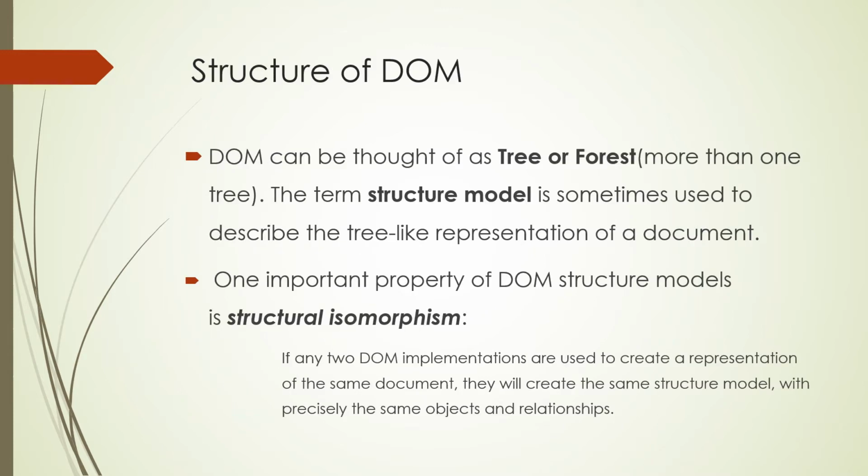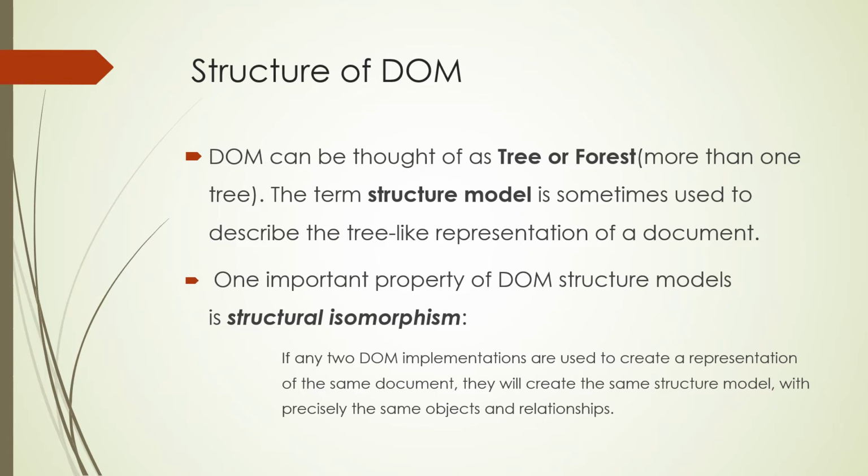Structure of the document object model. The document object model can be thought of as a tree or forest, more than one tree. The term structure model is sometimes used to describe the tree-like representation of a document. One important property of document object model structure models is structural isomorphism.